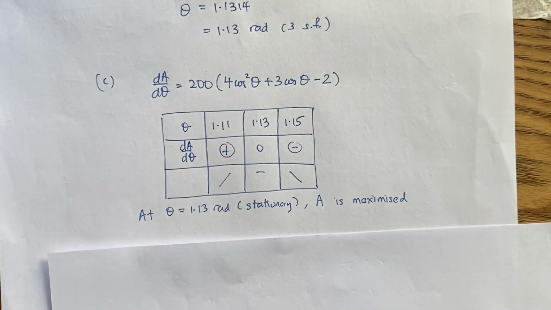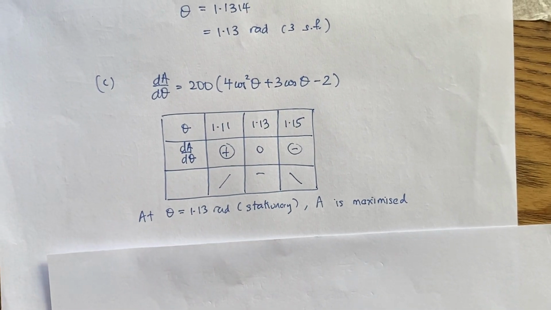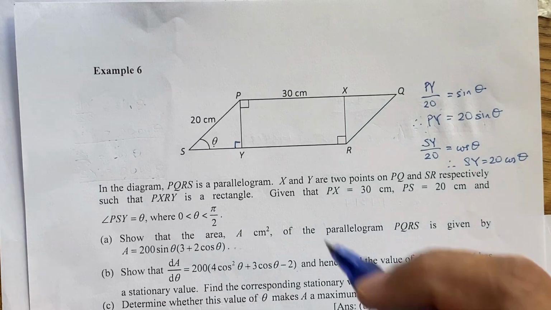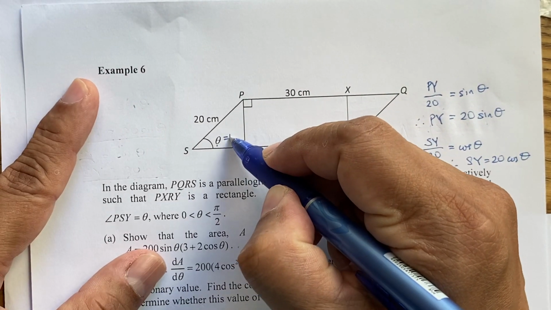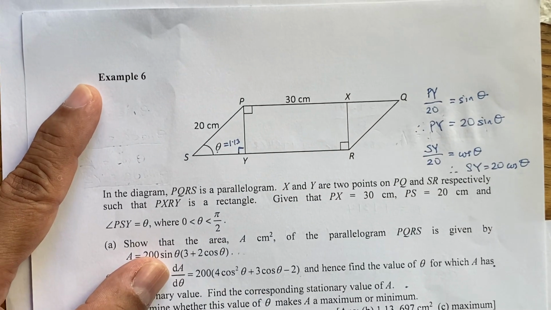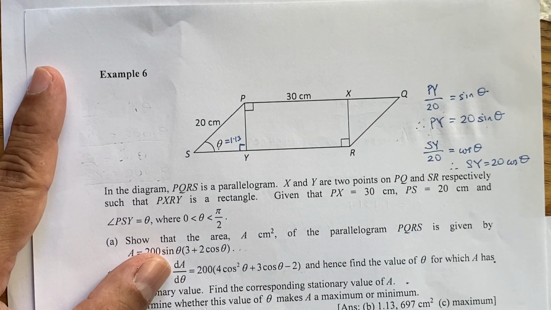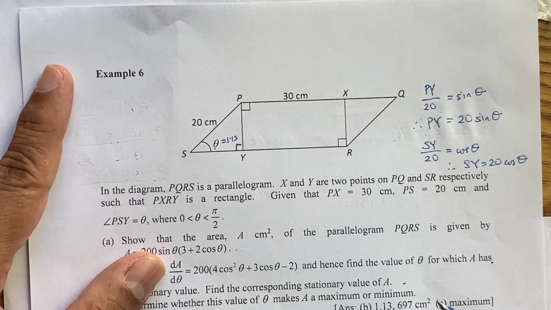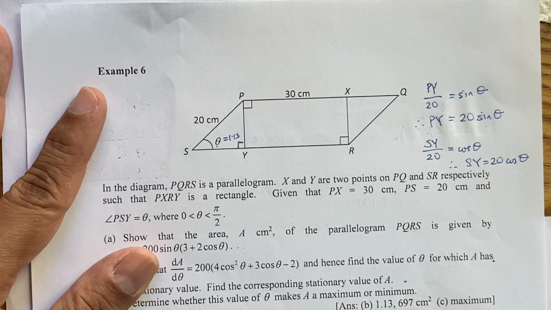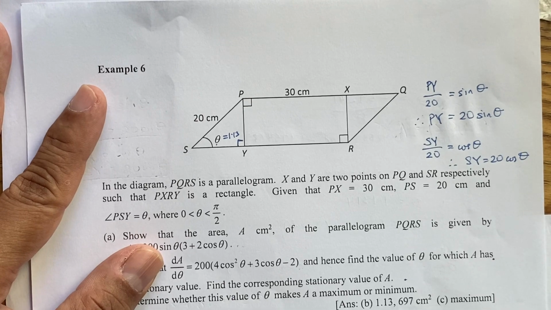If you look at the diagram one more time, in other words, if this value of theta is 1.13, the area of the parallelogram will be maximized. In other words, this is going to be the maximum value of the area of the parallelogram. Thank you very much.